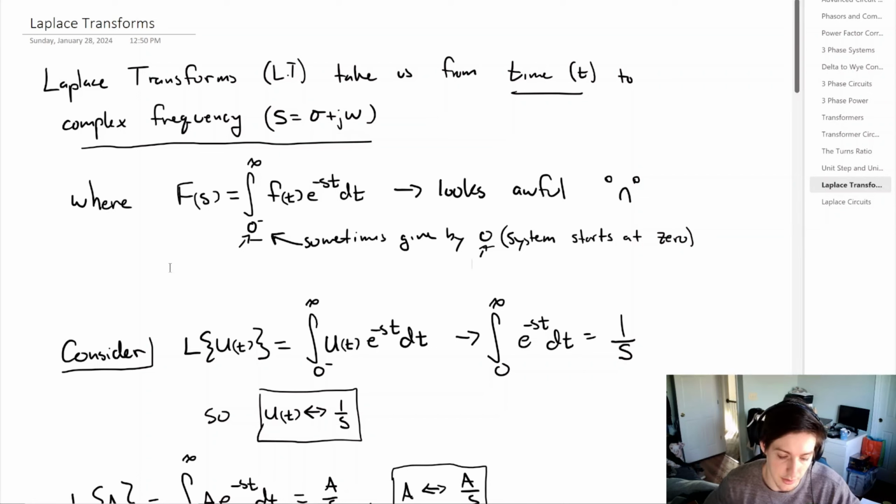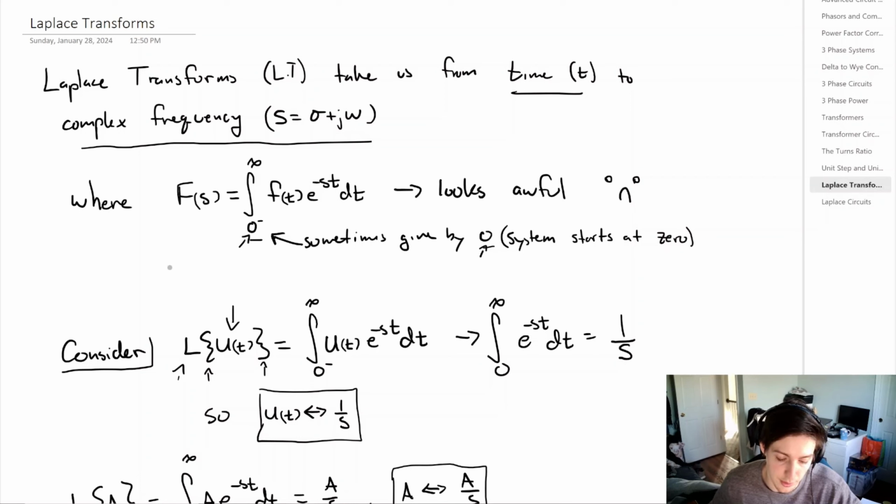So we want to consider that unit step function, and we want to Laplace transform that. So we're going to take that function given by t, and to signify a Laplace transform, we have an L with these squiggly brackets here, and then our function of t inside the squiggly brackets, and that represents this integral transform that we're doing.